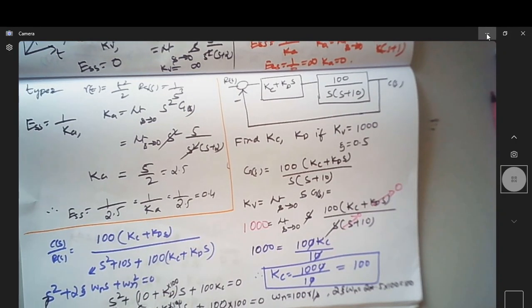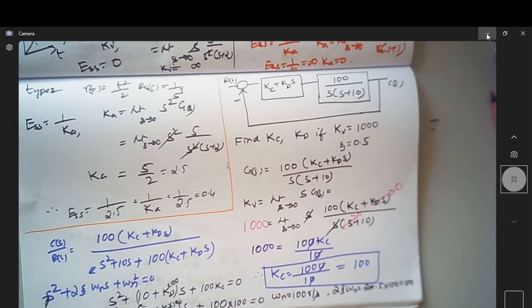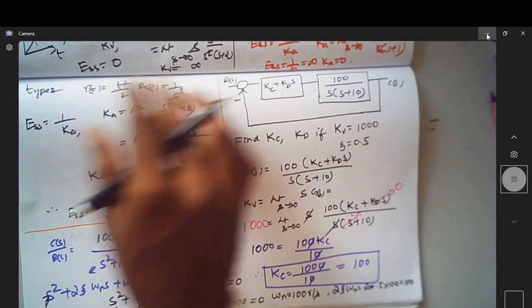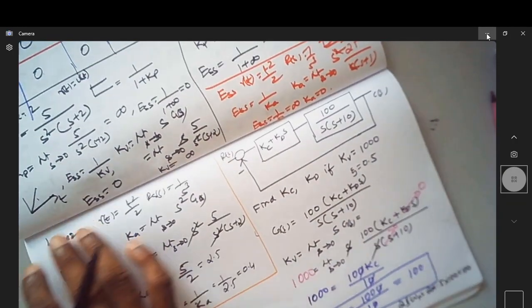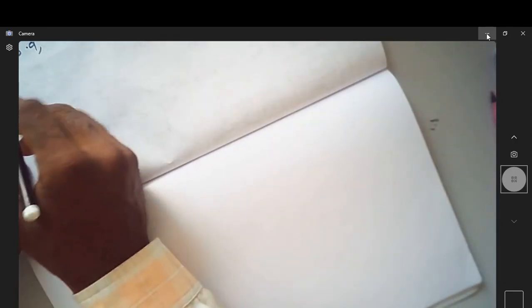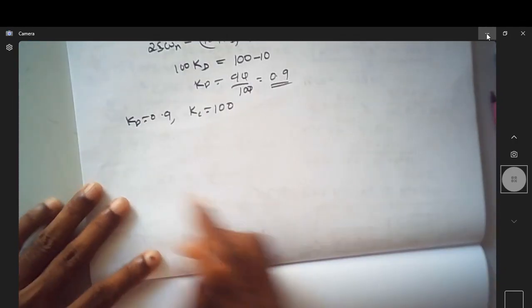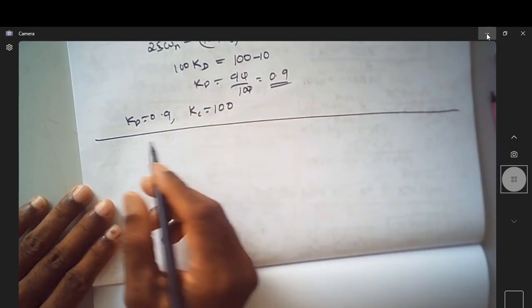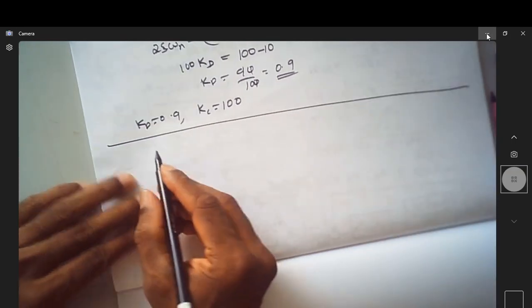Let us take one more problem. So let us consider a block diagram which is something like this.